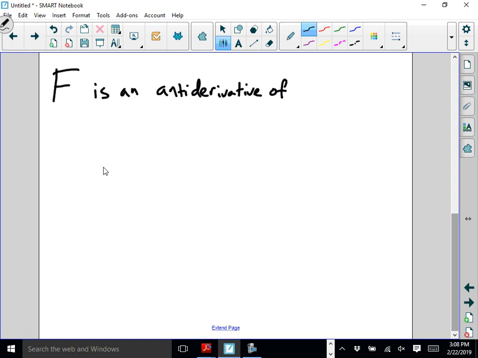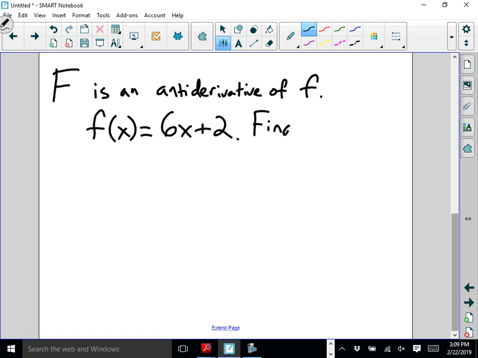We know the function f is 6x plus 2. What I want you to do is find capital F of 4.